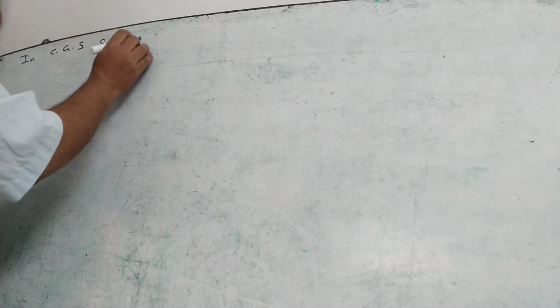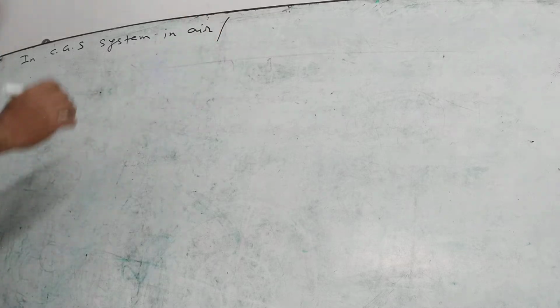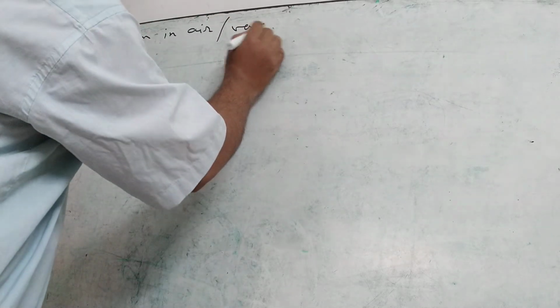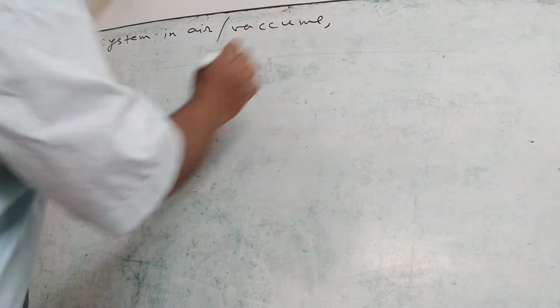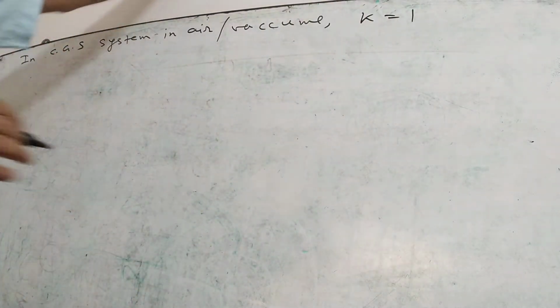That means in the CGS system, in air or vacuum, K is equal to 1.